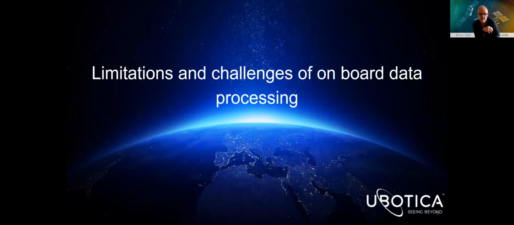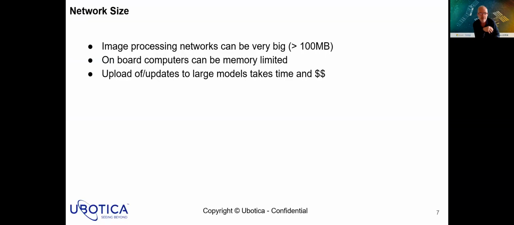Okay, so in terms of limits and challenges, a couple of things need to be borne in mind. First of all, the neural network models can be large, and we do have limitations in terms of the size of these models.